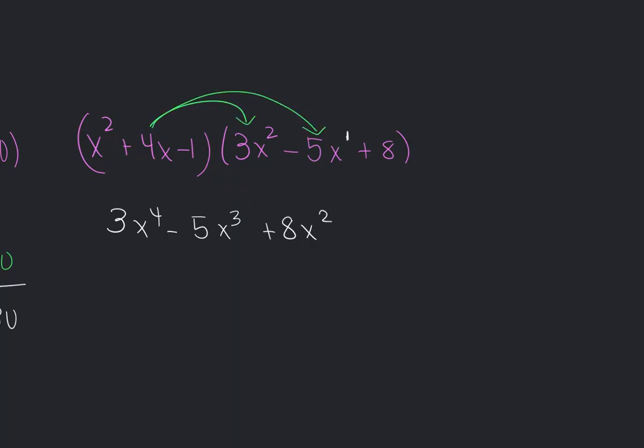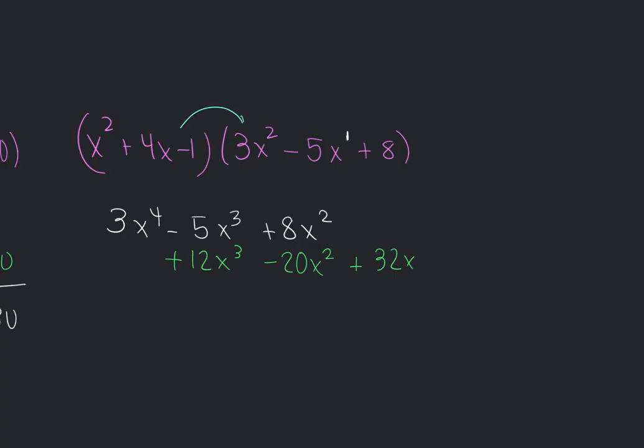This guy, and this guy. So the second term gets multiplied by every term after it. I'm going to multiply and get a positive 12x to the third. 4x and minus 5x is negative 20x squared. And 4x times 8 is 32x. Okay, I'm going to erase this again and do my third set.